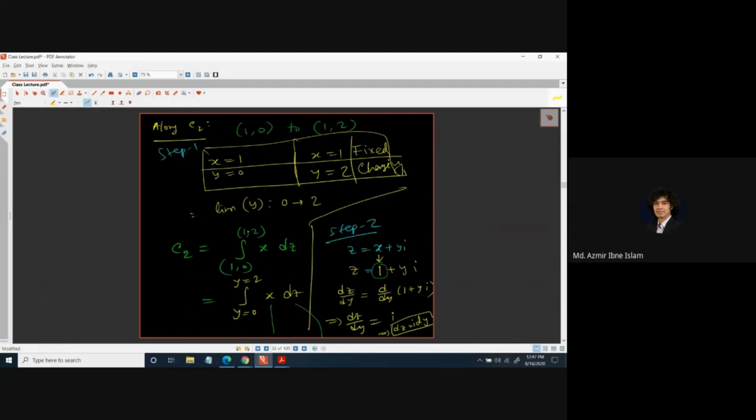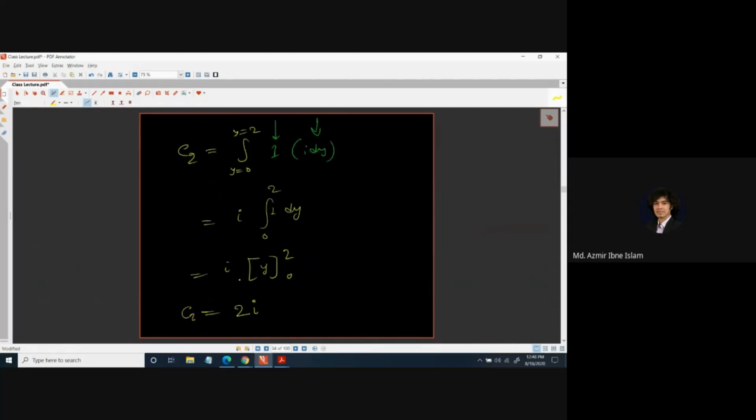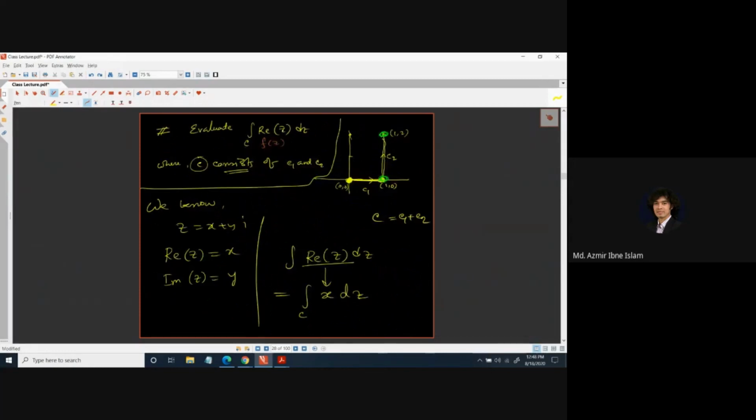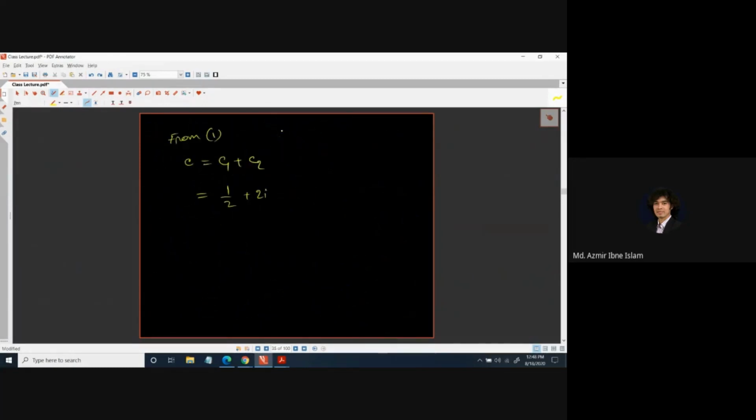It's 1 by 2. And C2 is 2i. We should keep our result in a plus bi form, or x plus yi. So this is our total result. The integral that was previously the integral of real z dz for this path C is equal to 1 by 2 plus 2i. Thank you.